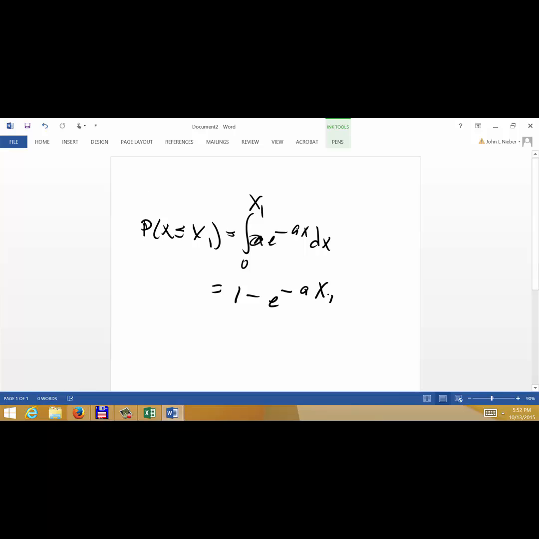That's the cumulative distribution for the exponential function.